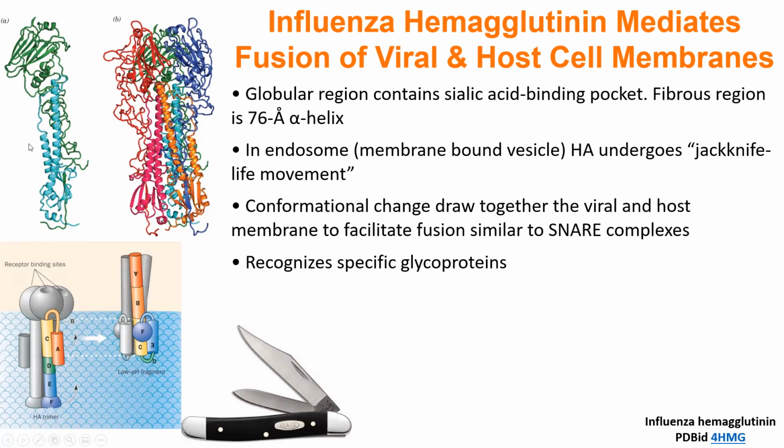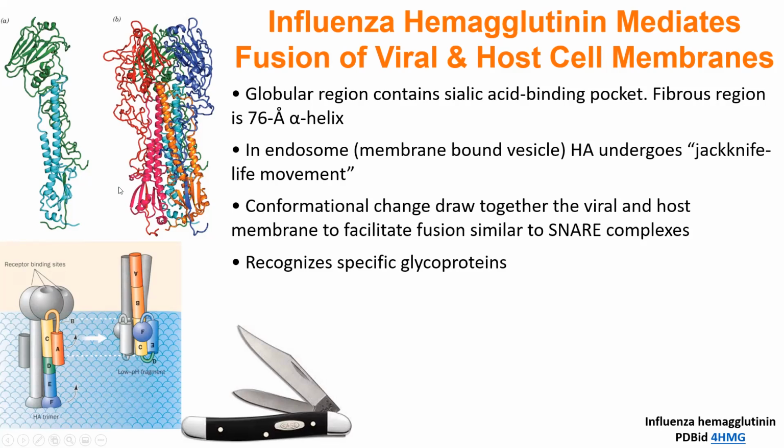And it's going to work like a jackknife. In case you don't know what a jackknife is, it's kind of like this knife that I'm showing down here, where it will be folded. The blade will be inside the handle. And then when our reaction happens, this knife will spring out.